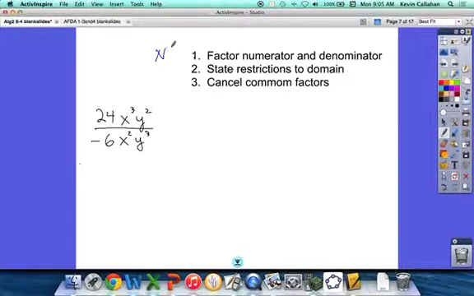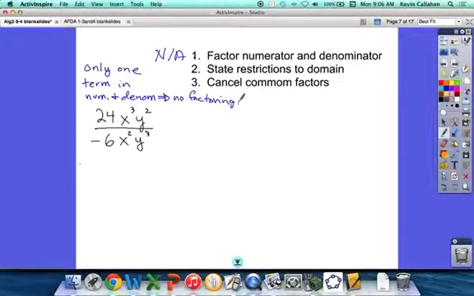N/A, not applicable, because there's only one term in numerator and denominator. So no factoring. Okay, so we can move to the next step.